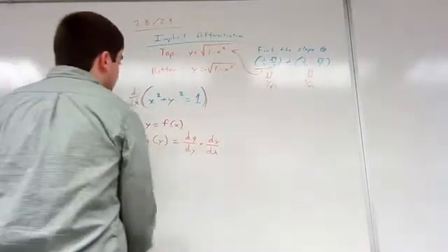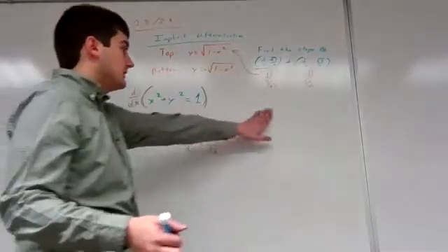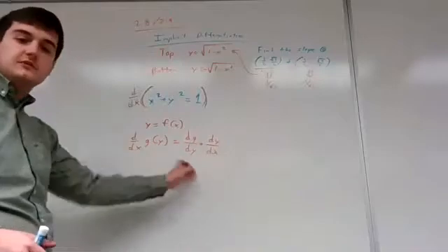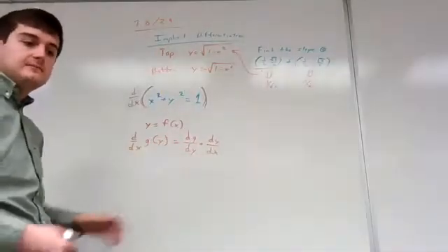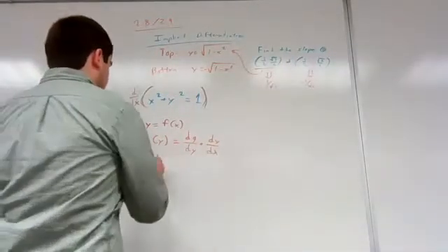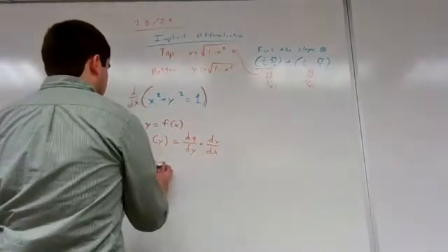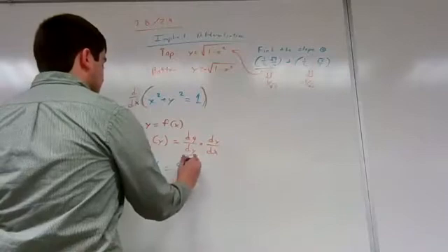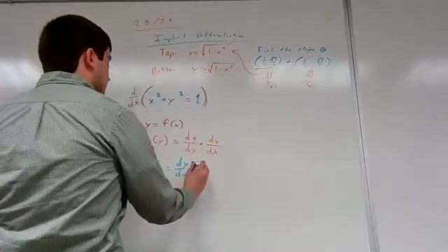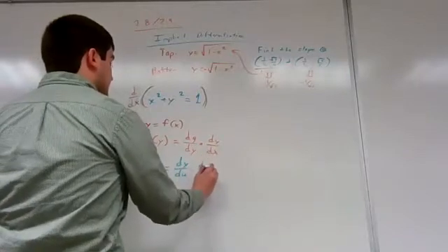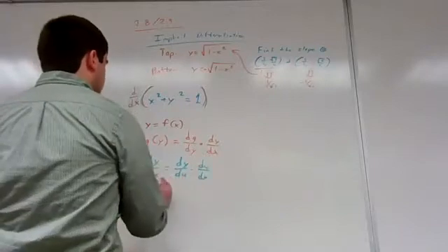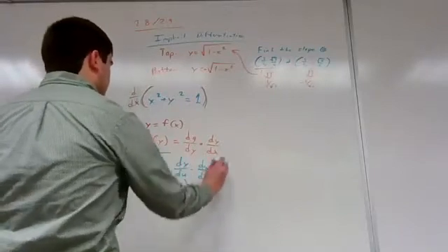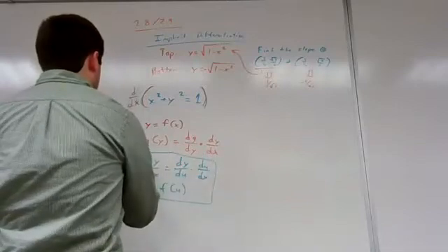More specifically, and I'll write this equation in blue, the book gives this nice formula. I would encourage you to make sure you understand this. Maybe to write it in a more familiar form, you might have seen dy over dx equals dy over du times du over dx, when y is a function of u. This is the chain rule.